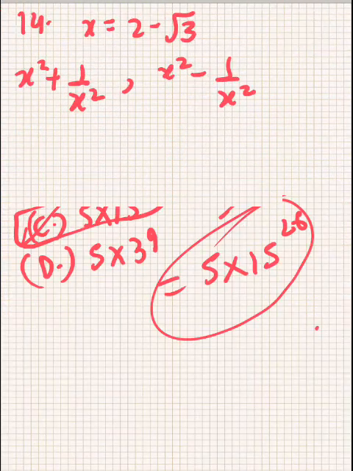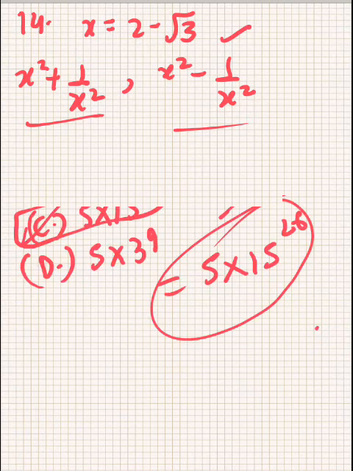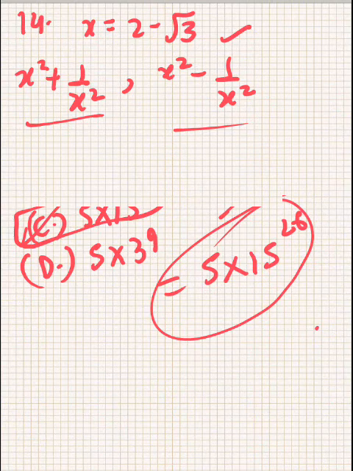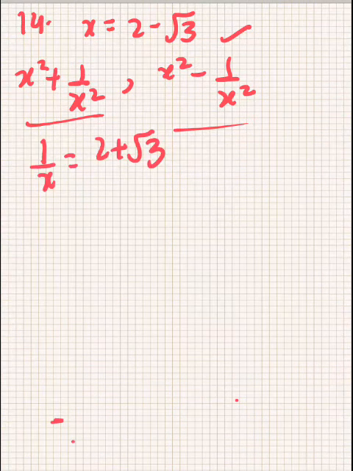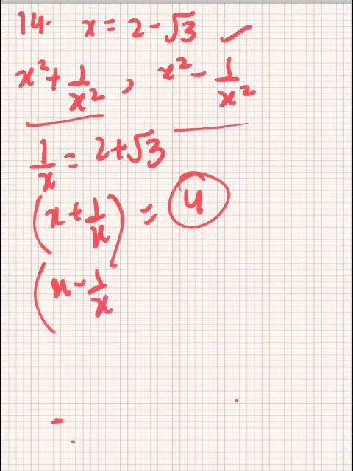Now in question 14 we are given this and we have to find this and this. So what we'll do is first find the value of 1 by x. I clearly know the value of 1 by x will be 2 plus root 3. So it's oral calculation, basically it's not at all difficult. So we'll find x plus 1 by x first. This will be directly, if I calculate, equal to 4. After that we need to find x minus 1 by x.